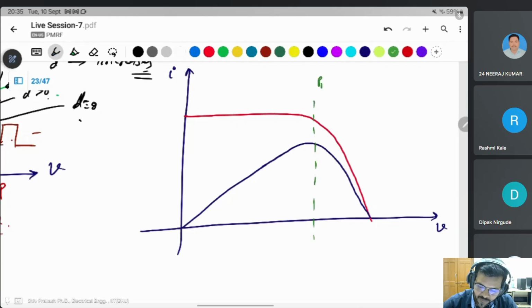P max line for the buck converter. You know the duty cycle goes from 0 to 1. For a 0 duty cycle, d is equal to 0 here. Suppose somewhere d is equal to 1. This is the operating area for the buck converter.